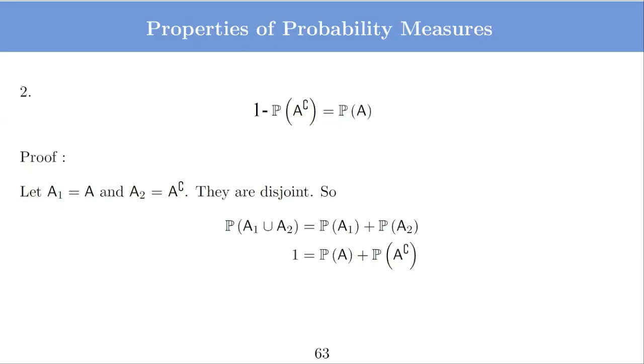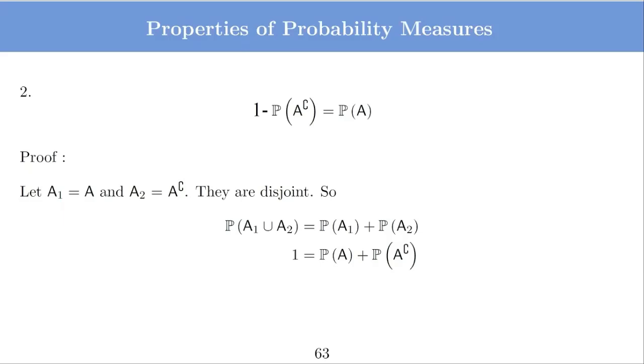We will use the property we proved in the last class, that if you have two sets A and B which are disjoint, then probability of A union B is equal to probability of A plus probability of B. So here we will take this first set as A and the second set as A complement, and they are disjoint by definition.